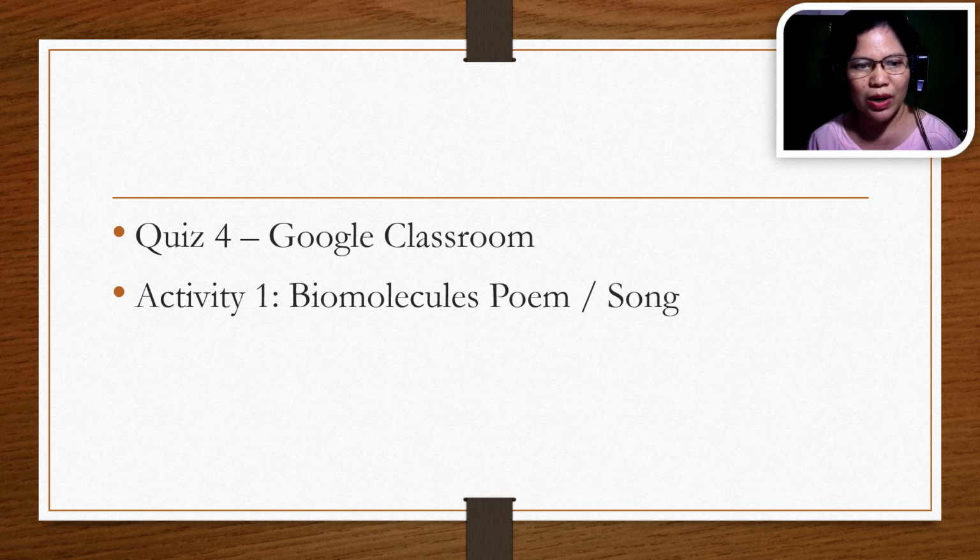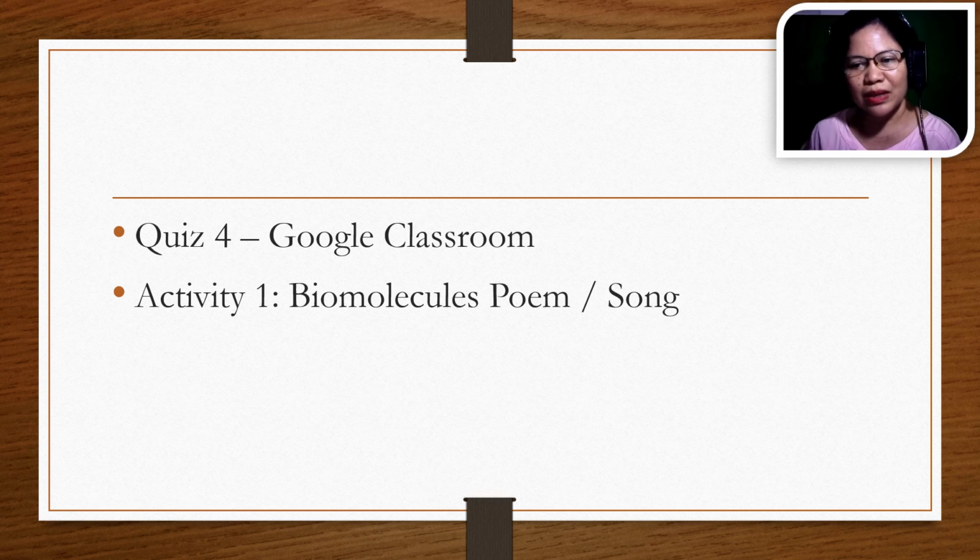For activity 1, the biomolecules poem and/or song, this will be your performance task. The rubrics are already given in your Google Classroom. You can choose either of the two: writing a poem or writing a song, and you will sing your song or render your poem. So be creative.